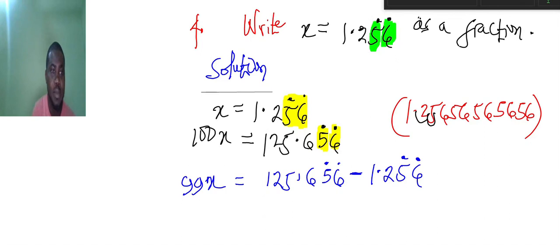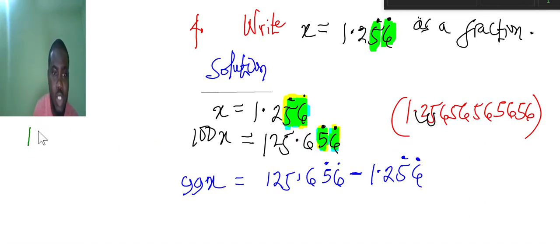We need to use the same recurrence so that elimination of that recurrence 56 will be easy. It might appear as if there's a recurrence of 65, but if you use that, we'll not be able to eliminate this 56 recurrence that we need. The aim of the next step is to eliminate the recurrence of 565656 so that we'll not have any recurring digits again.